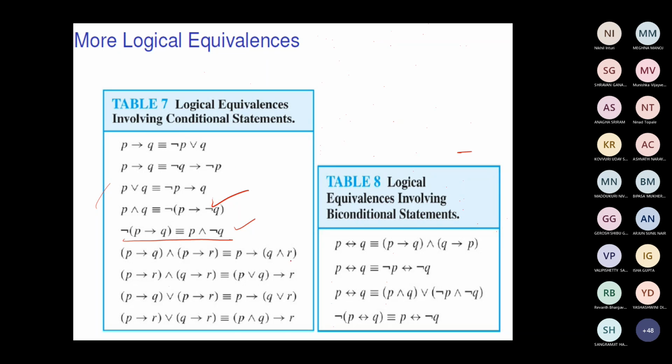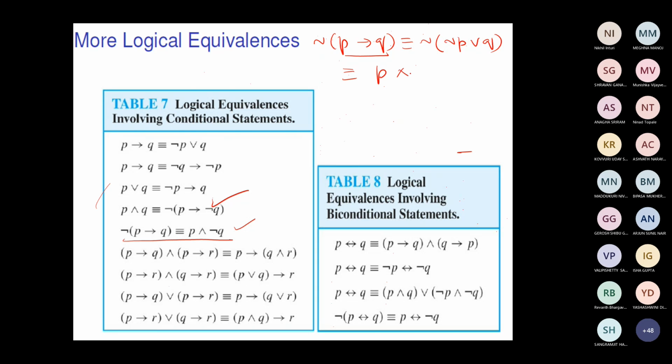Okay. Fifth one, how to prove? Not of P tends to Q. Yes, tell me next. Not of not P or Q. Ma'am, instead of P tends to Q, we can write not P or Q, and then use De Morgan's law.